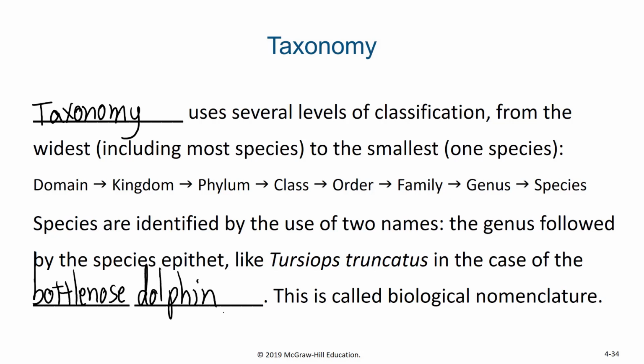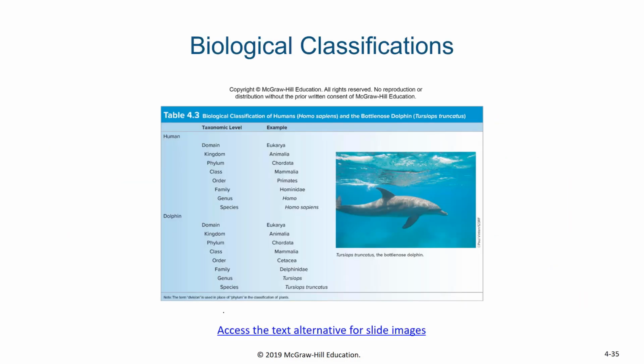Now you may say, well, why don't you just use common names instead? And the problem with common names is that they aren't common everywhere. In fact, the same name can refer to different organisms in different places. And so there can be a lot of confusion. Since science is an international endeavor, we want to have a naming system that can be used internationally by all individuals working on these organisms.